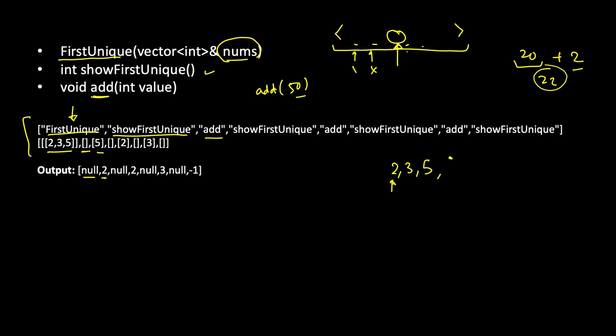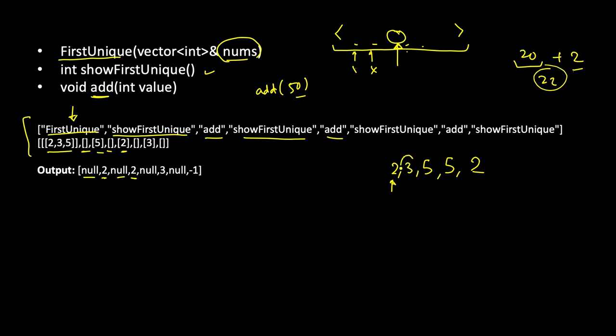Then we say add 5. So we add 5 to it. Now you see 5 is no more unique. Then we call showFirstUnique. Still 2 is the first unique. Then we add 2. We add 2 here, so 2 is also not unique now.